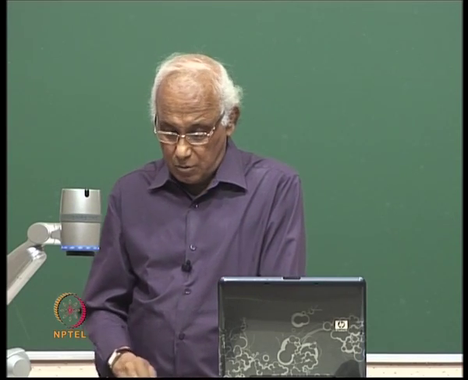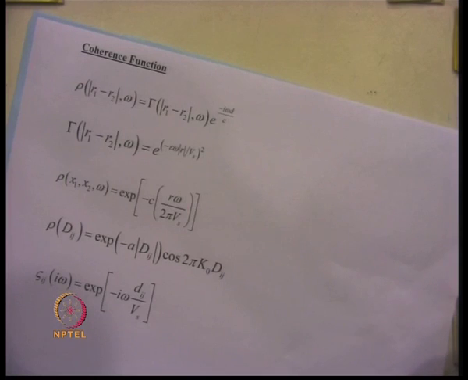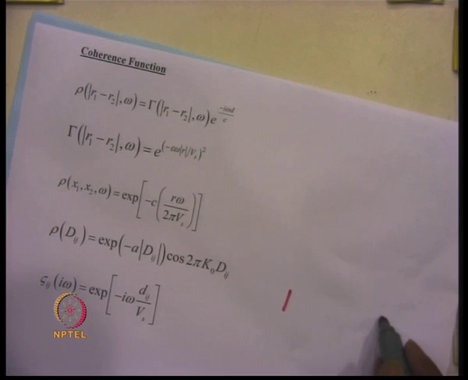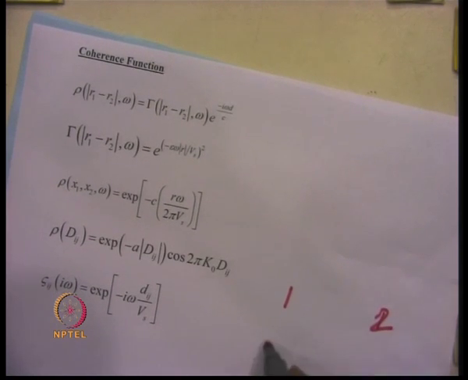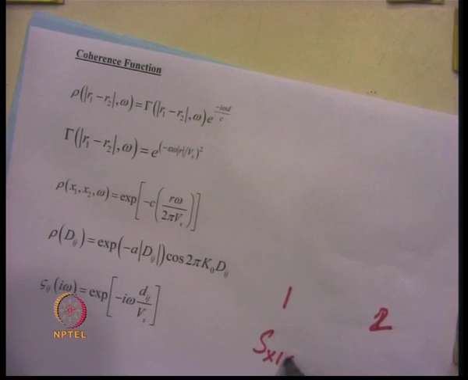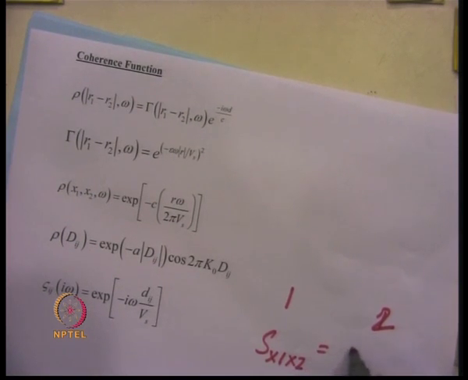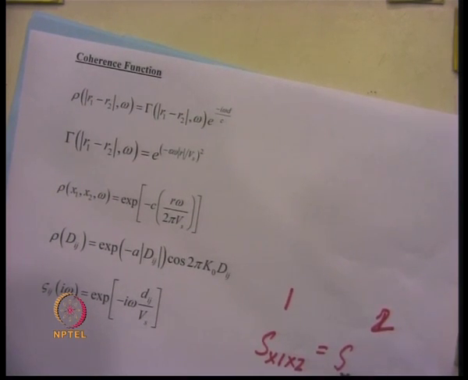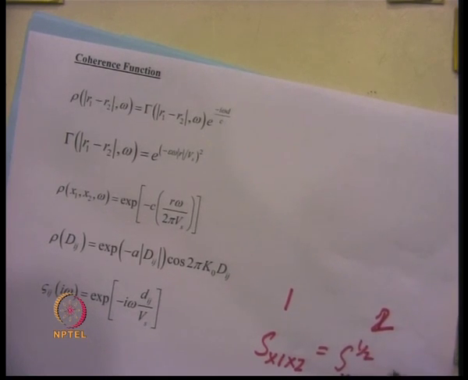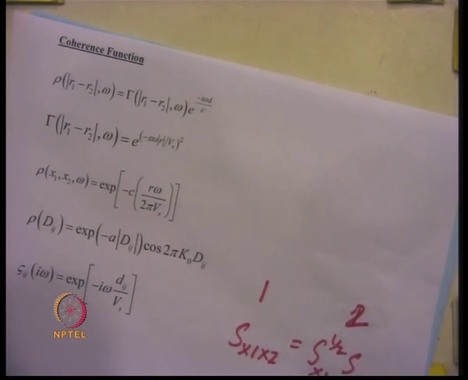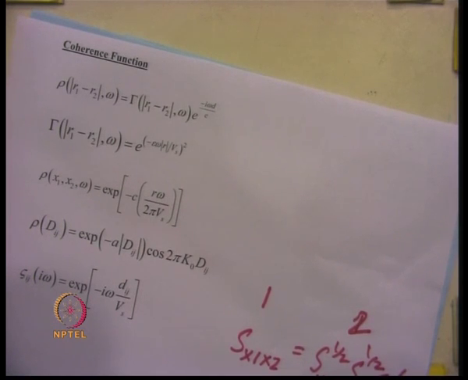We work out the cross power spectral density function between 2 points 1 and 2 as Sx1x2 equal to Sx1 to the power half into Sx2 to the power half, multiplied by a coherence function that is a function of omega and the distance between the 2 points r.